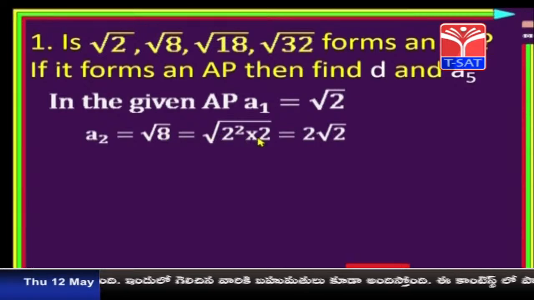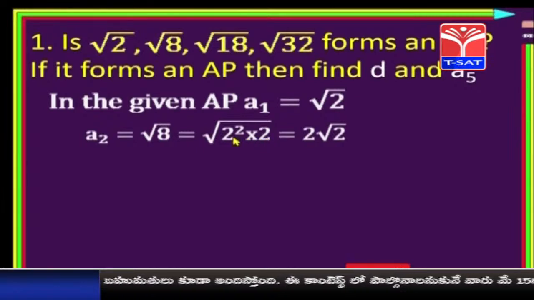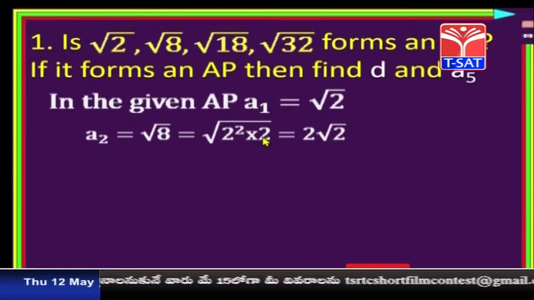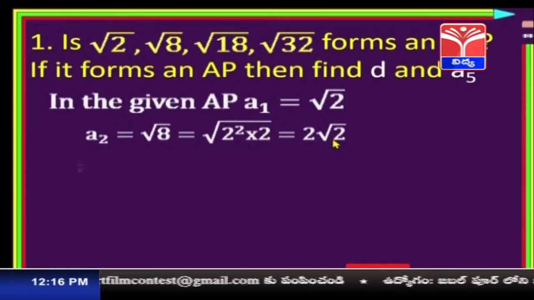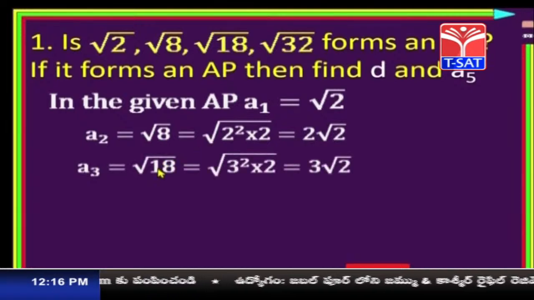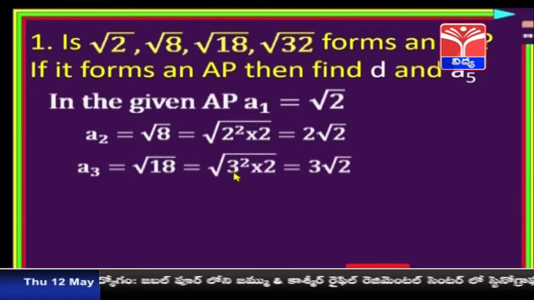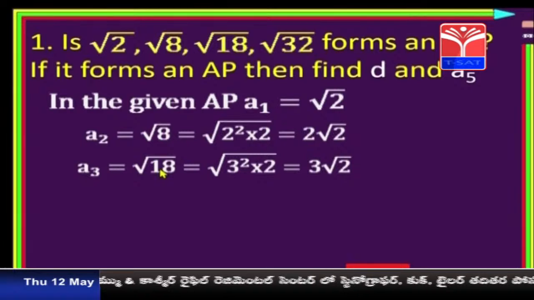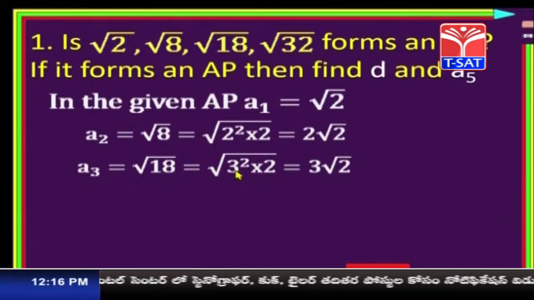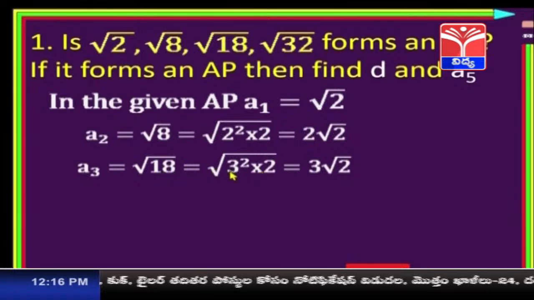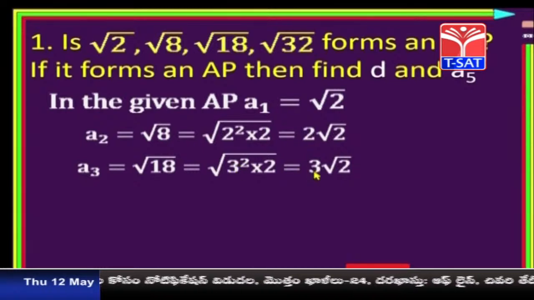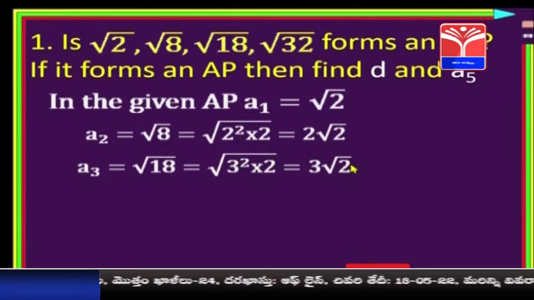The square root of 2 square is 2, so root 8 is 2 root 2. Next, root 18 can be written as root of 9 into 2, and 9 is 3 square, so the square root of 3 square is 3, giving 3 root 2.